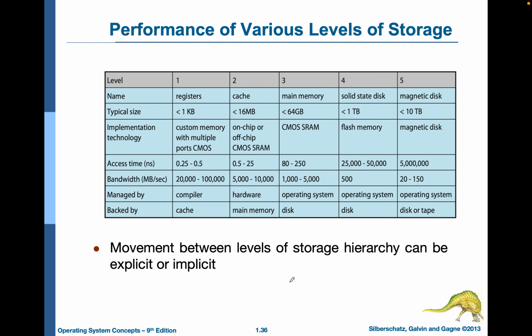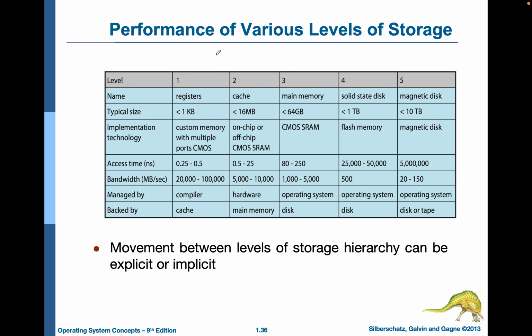Okay, in terms of performance of various levels of storage, you can see we have several levels, 1 2 3 4 5 altogether. For example, last time in your COA you learned about registers. If you still remember your hierarchy pyramid, please refer to it again. There are several levels of storage, and the ones nearer to your CPU are much faster, aren't they?